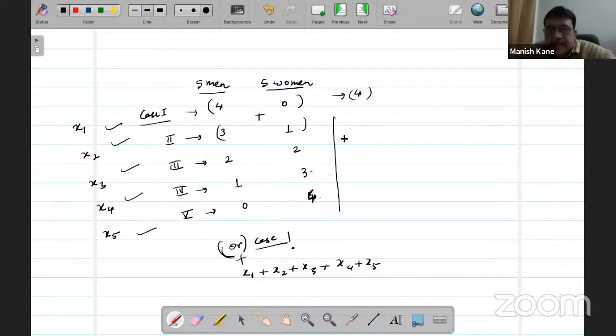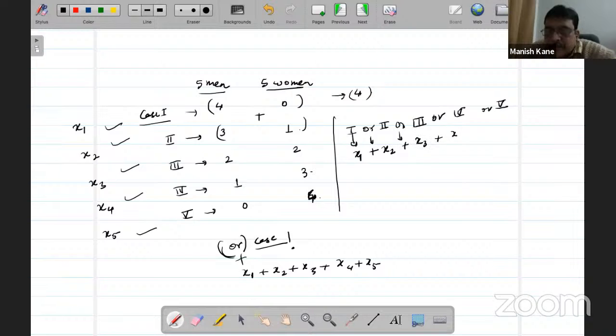In this case, you will have case 1 or case 2 or 3 or 4 or 5. So there is an OR in between, and you replace these ORs by plus signs.